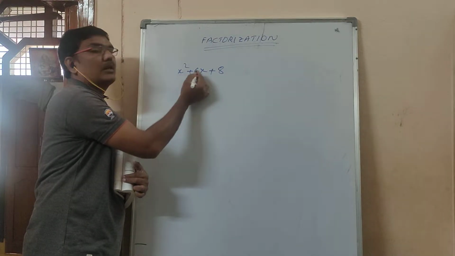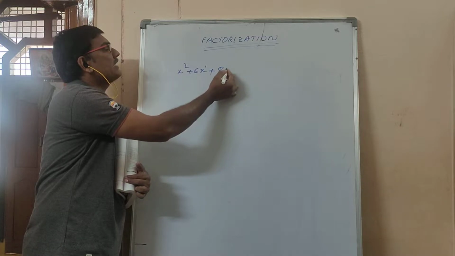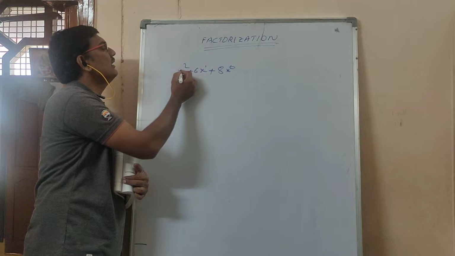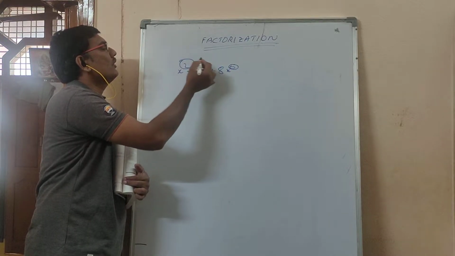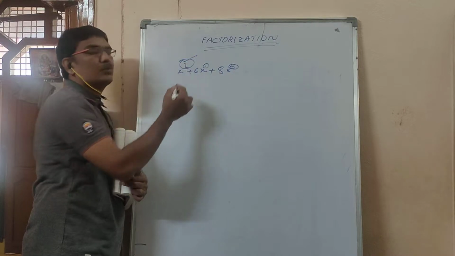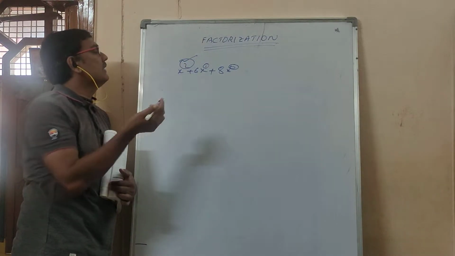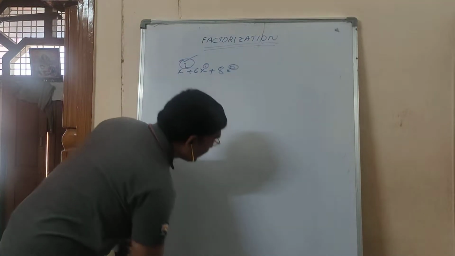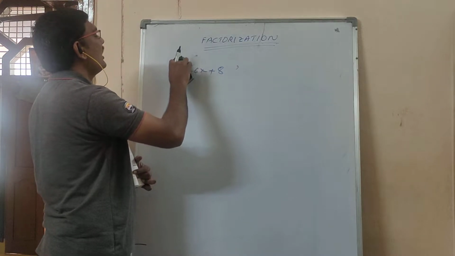X power 1 is there here. No x means x power 0, and x power 0 value is 1, 1 into 8 is 8. X square, here power 1, power 0, power 2. What is the highest power? 2. So the highest power of the variable is called the degree. So here x square plus 6x plus 8 is the question and it is called a quadratic polynomial.